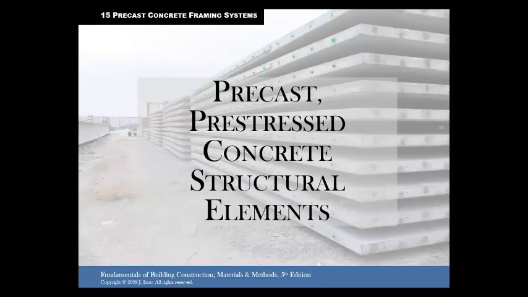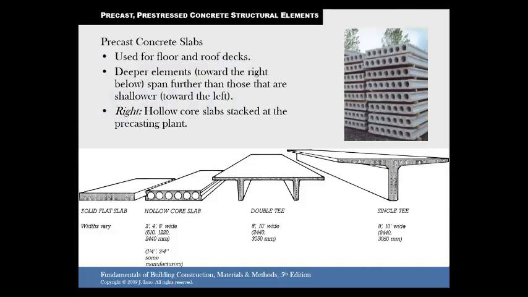Precast, pre-stressed concrete structural elements. Here's some different types that you would see, and those T's are what you see for highways. That's a very strong element. But over farther to the left, you have the solid flat slab, which would probably be used for floors or roofs.